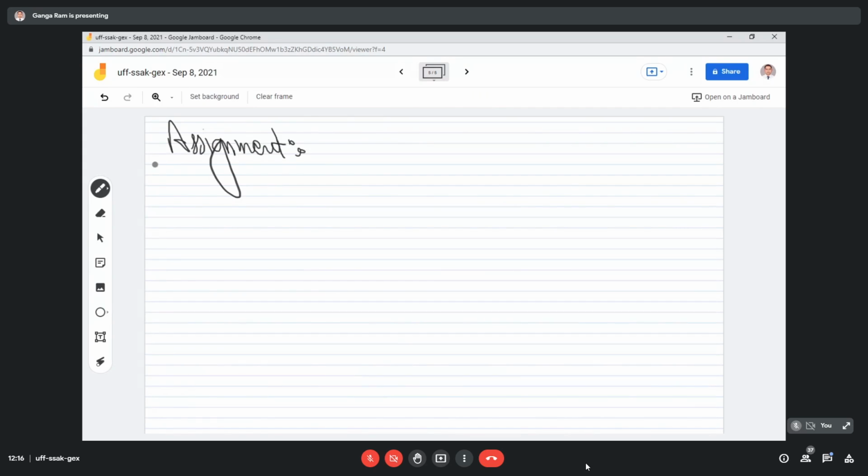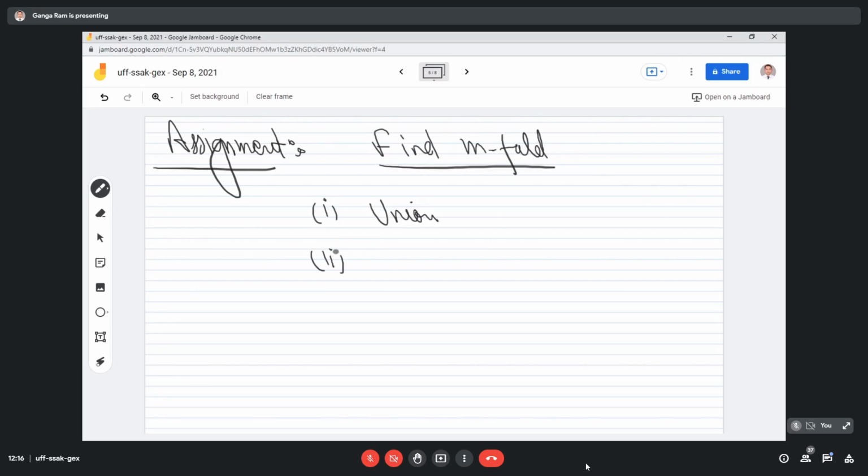Your assignment here: find the M fold for union, join, and product or Cartesian product.